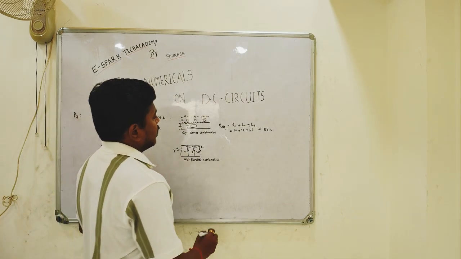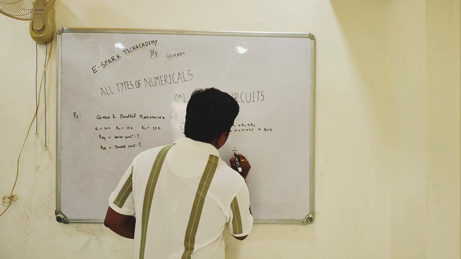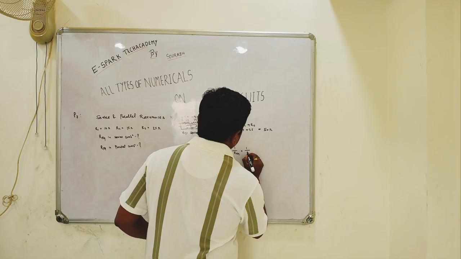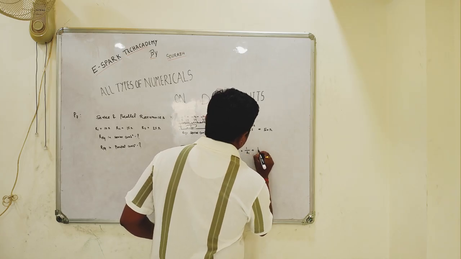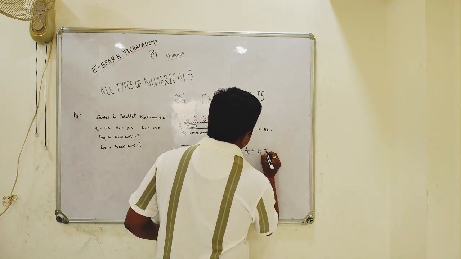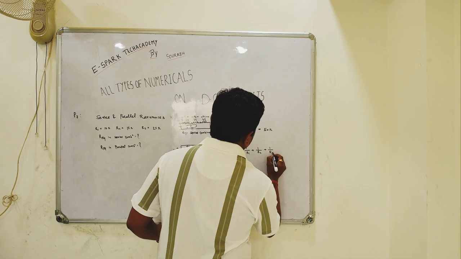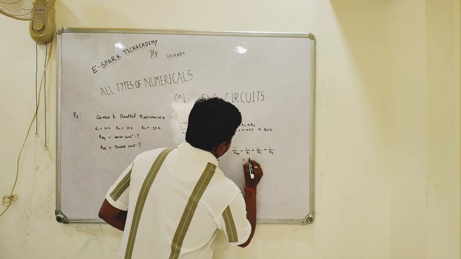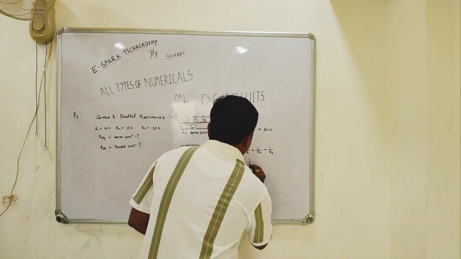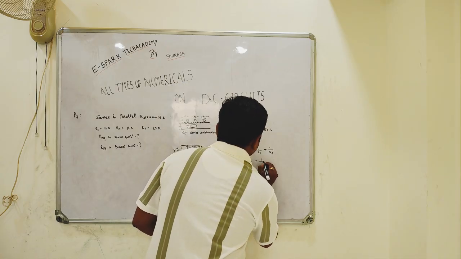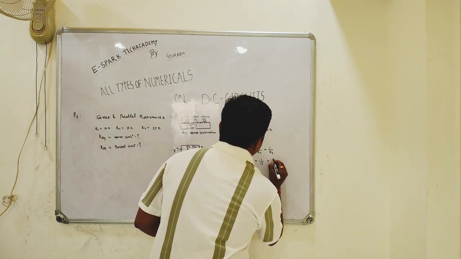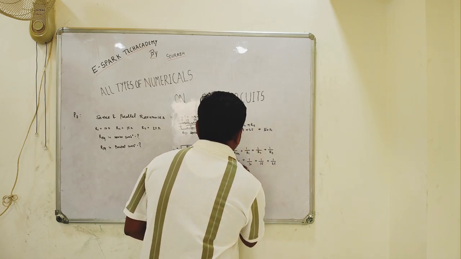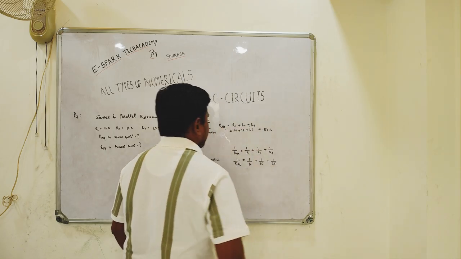Now we will calculate R equivalent as 1 upon R equivalent is equal to 1 upon R1 plus 1 upon R2 plus 1 upon R3. Here we will be getting it as 1 upon 10 plus 1 upon 15 plus 1 upon 25, 1 upon R equivalent.